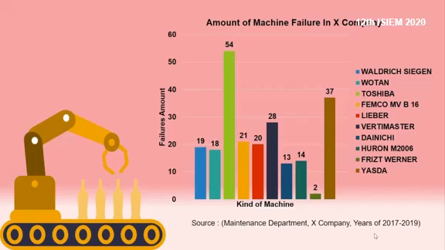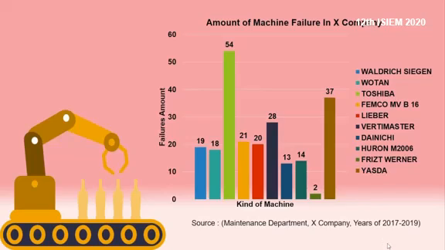So as we know, machines are one of the most important elements to support the production process in a manufacturing company. This research was conducted in X company, which is a manufacturing company in Indonesia. In this company, there are 10 CNC machines used for the production process.